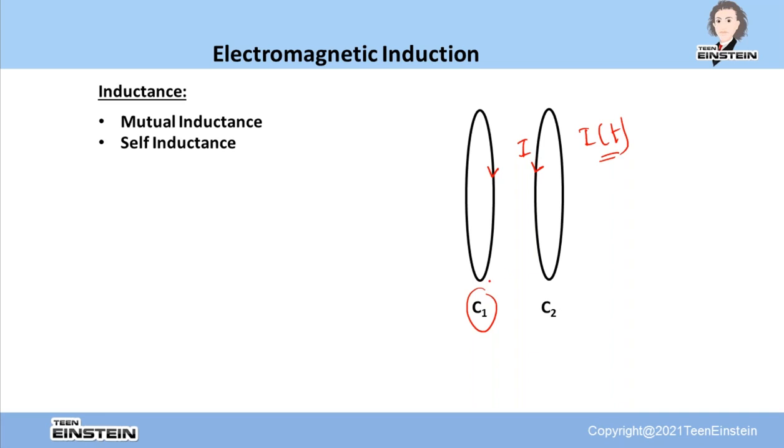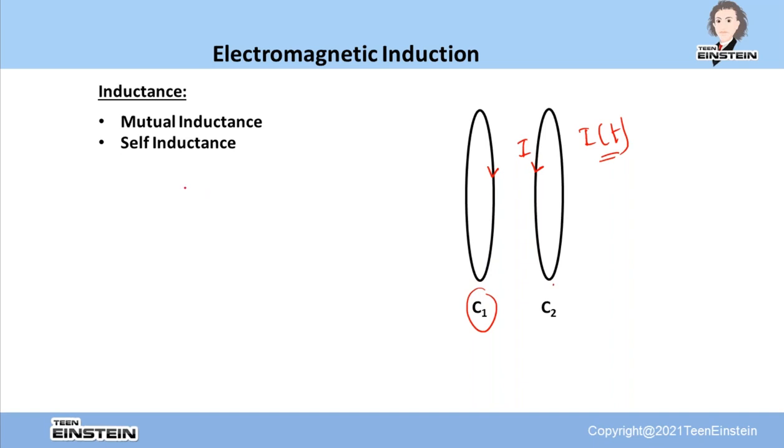That means if you have two coils, a change in current in one coil will produce an electric current in the other coil.